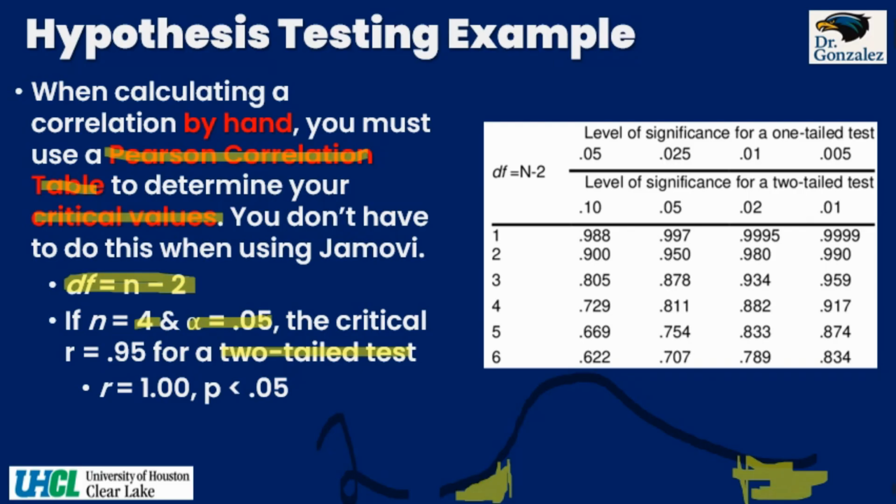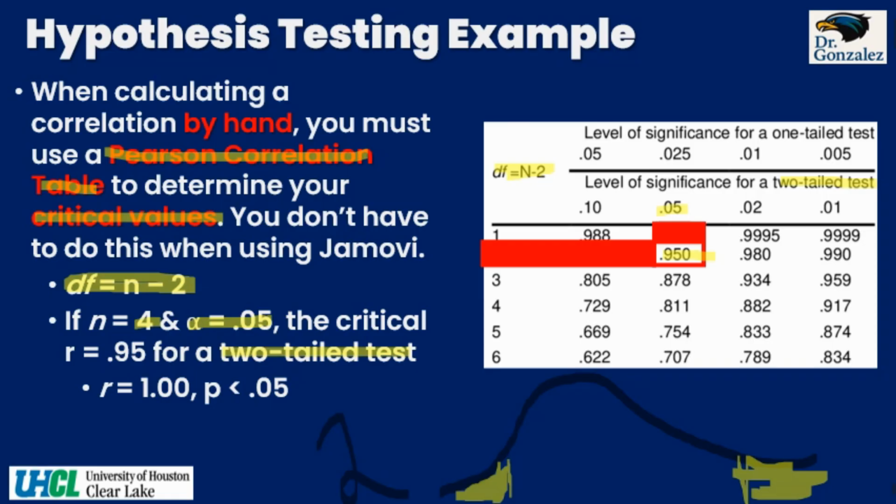Okay. And I've set my alpha level at 0.05 and my N is 4, so my degrees of freedom is 2. So I'm going to go in this table up here and I'm going to trace over from degrees of freedom, N minus 2, and there's a 2 behind there, right? And then over here I'm looking for my two-tailed test at 0.05 and bam, that is my critical value.